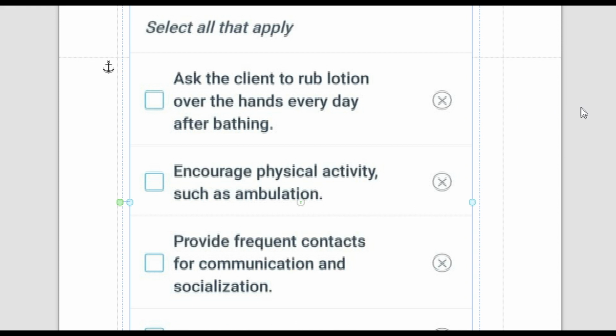Encourage physical activity such as ambulation. If they're in a high stress environment, if they're having anxiety, activity will get their mind off of biting their nails, and it'll get their mind on walking. So I would choose this.